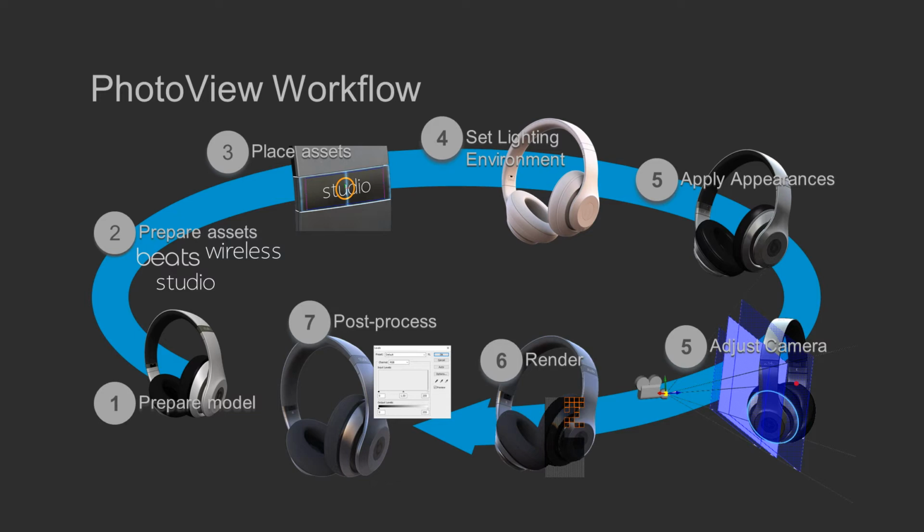So when I talk about assets, I'm talking about decals and textures that are pertinent to this product, nomenclature, numbering, things of that nature. And that in itself is its own task, because you want to make sure that they're high quality, high resolution, that they have transparency, and they can be applied correctly.